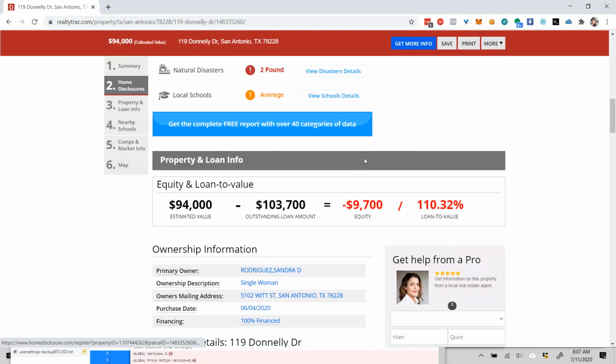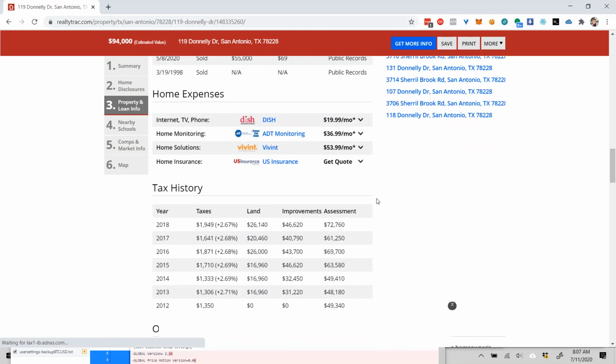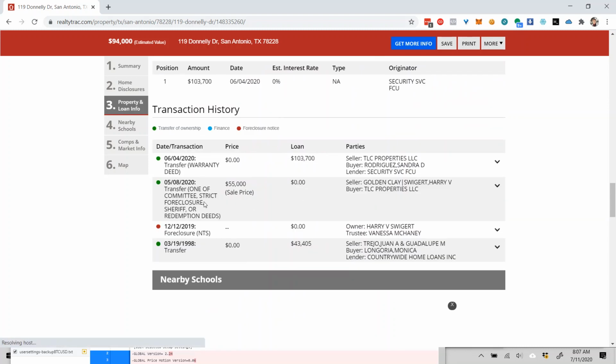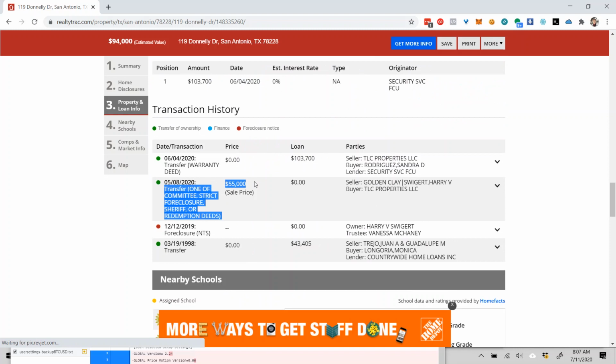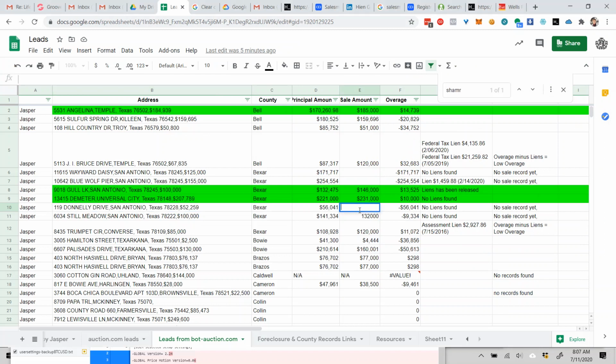Alright, so a little bit of overage there, I think. Maybe. Redemption fee 55, sales price. So they sold for 55, and then they flipped and sold it for 100.5. So 55,000 is the sales price. So there it is. Didn't sell for much.